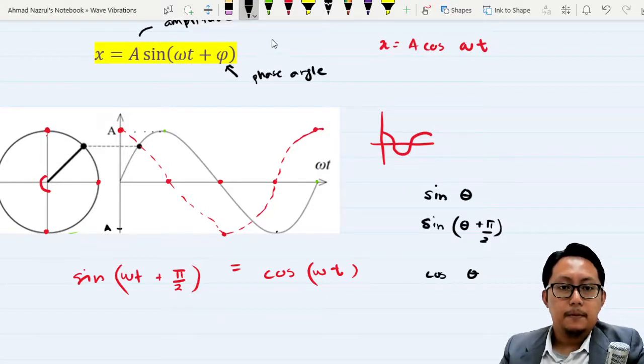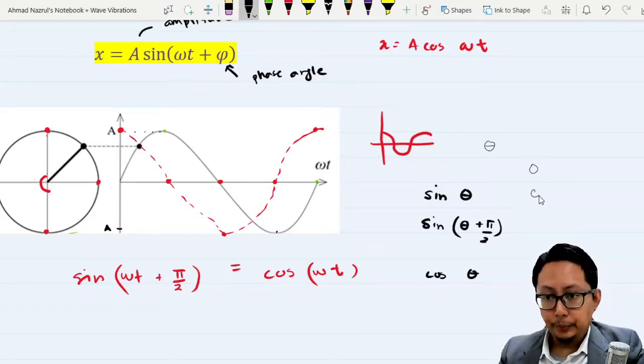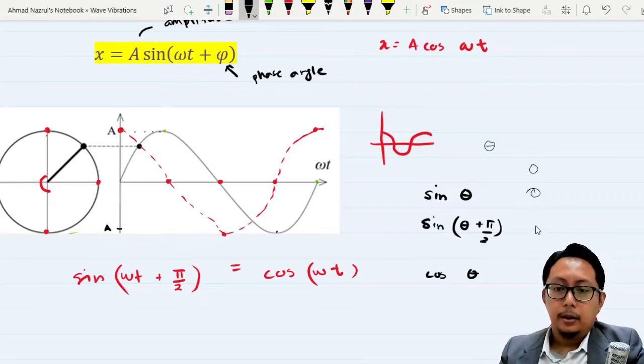For sine theta, for example, if theta is equal to 0, sine 0 is 0. Then for theta equal to pi over 2, remember the graph, sine pi over 2 is 1, which is the maximum amplitude A. I just put the value of 1.